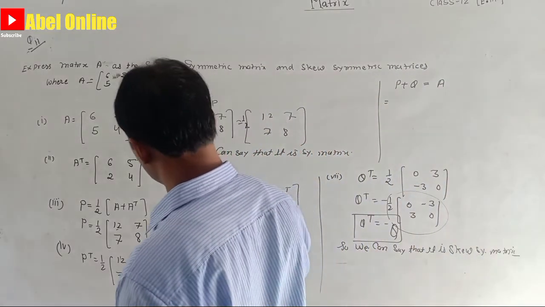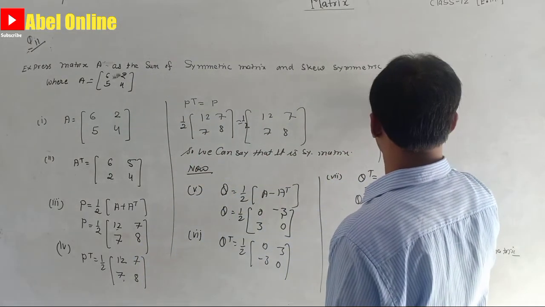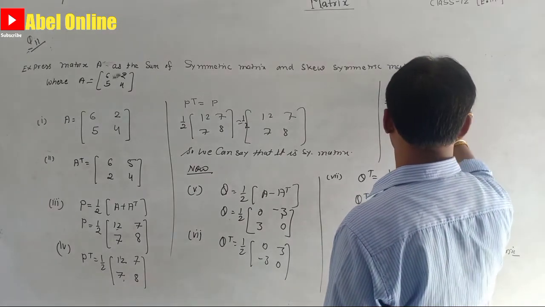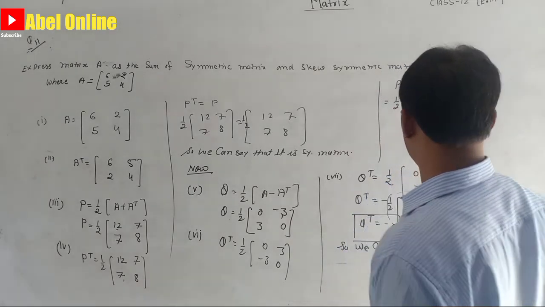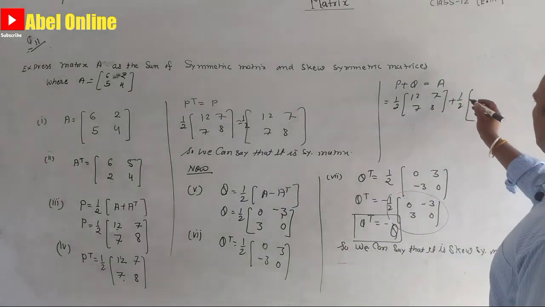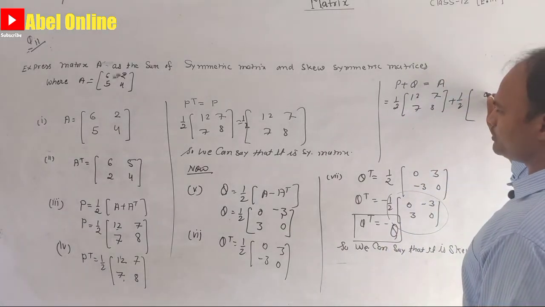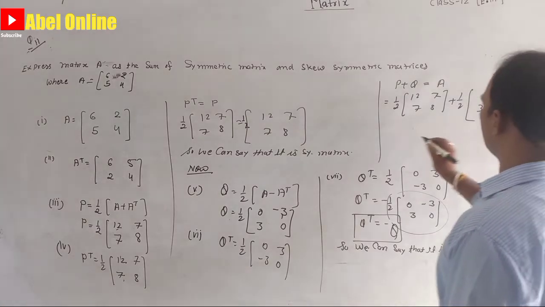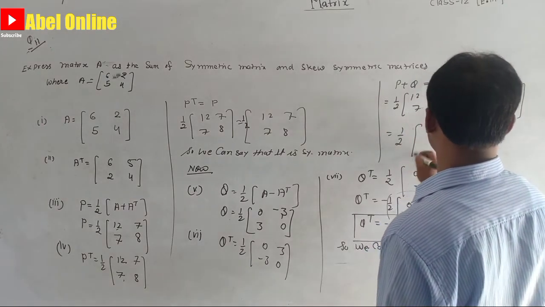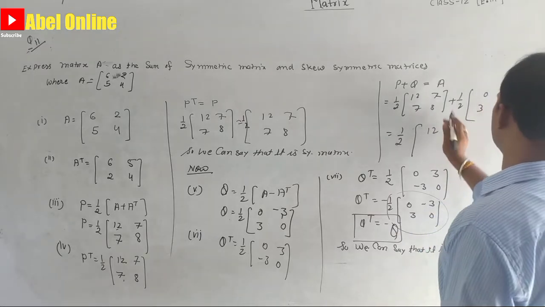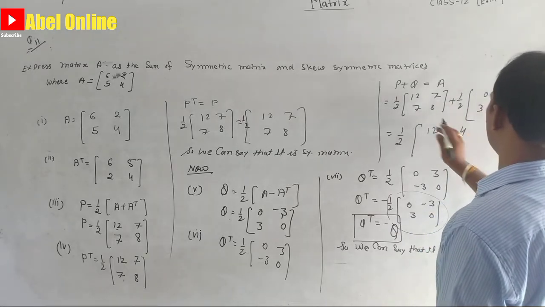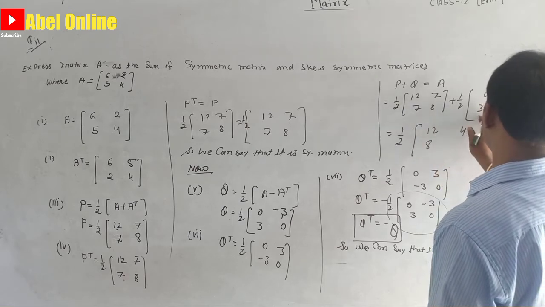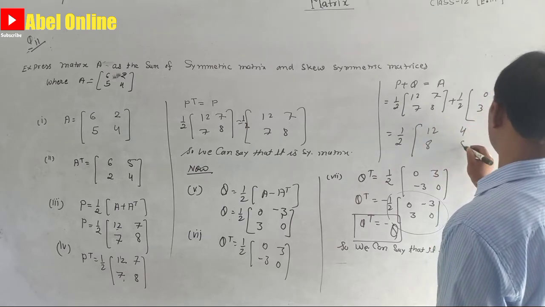So P plus Q is equal to, P is 1 by 2 times 12, 7, 7, 8, plus 1 by 2 times Q, which is 0, minus 3, 3, 0. So it is 1 by 2 and 12 plus 0 is 12, 7 minus 3 is 4, 7 plus 3 is 10, and 8 plus 0 is 8.